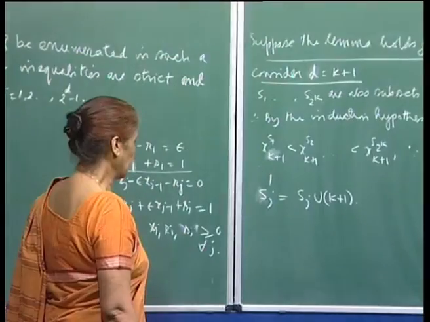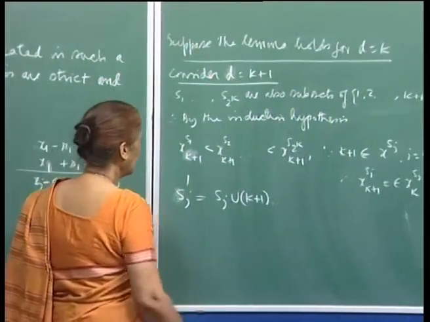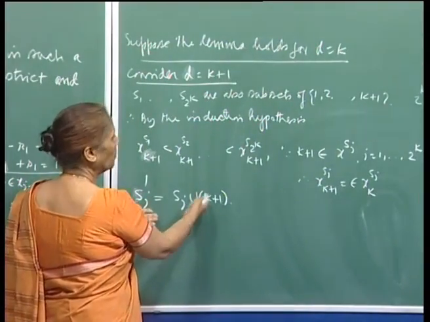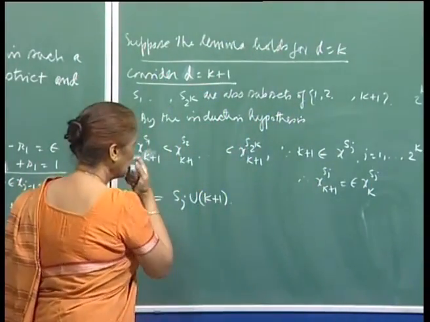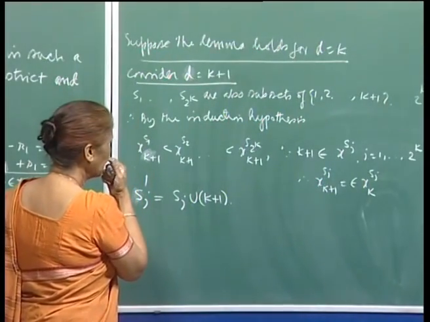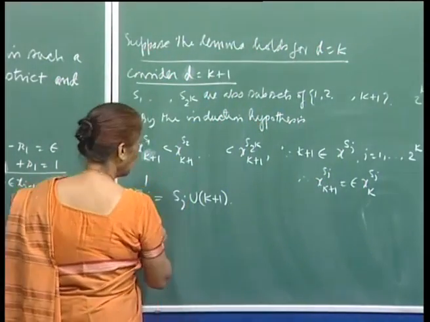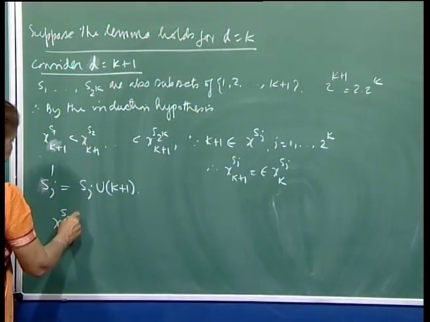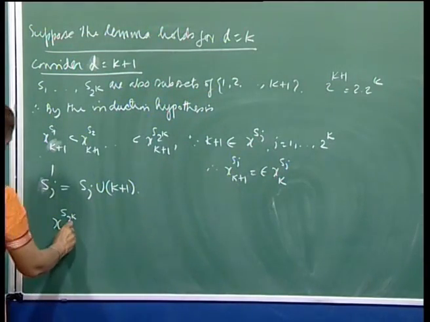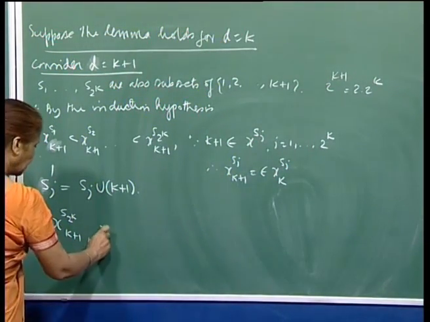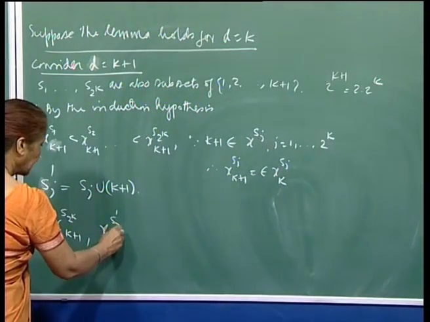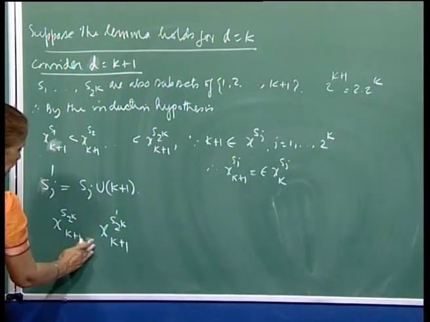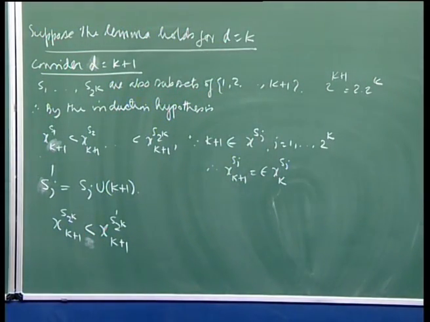And what more? Yeah, so now here I need to order these remaining, the new 2 raised to k subsets that I have formed out of those. So, I need to order. Now, see, we need to see this here that yes, if you look at x s 2 raised to k plus 1, and you look at x s prime 2 raised to k plus 1, then you can see that this is less than this. Why?